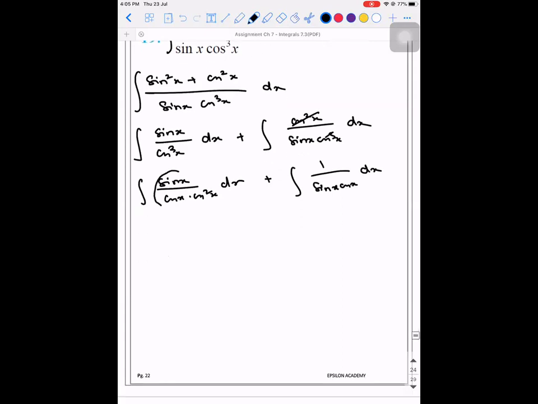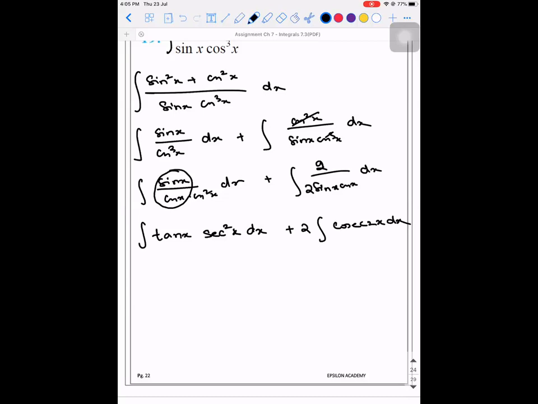Sin x by cos x is tan x, into secant square x dx, plus now you can multiply and divide with 2. This will become 2 into integral of cosecant 2x.